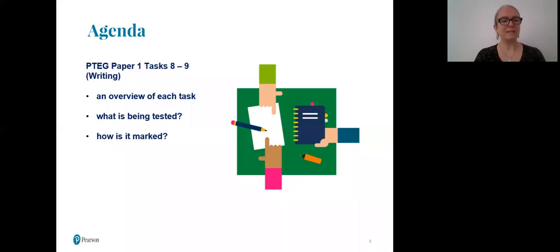I've got extracts from the marking criteria that the examiners use, and I'm going to take you through those so that you can see exactly how we approach your candidates' responses. Then finally, I'm going to suggest some approaches to the task in an exam setting and offer some tips for success based on some of the common errors that I see when I'm looking at papers.